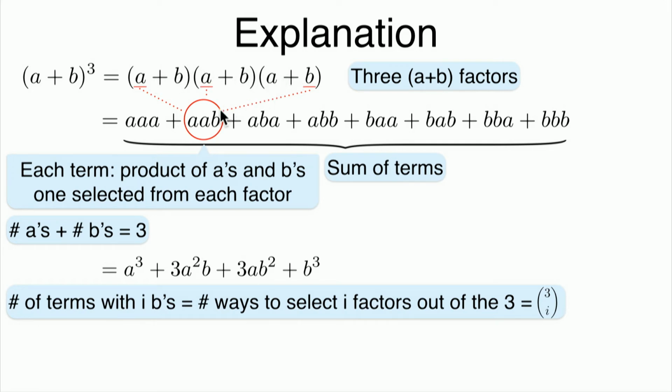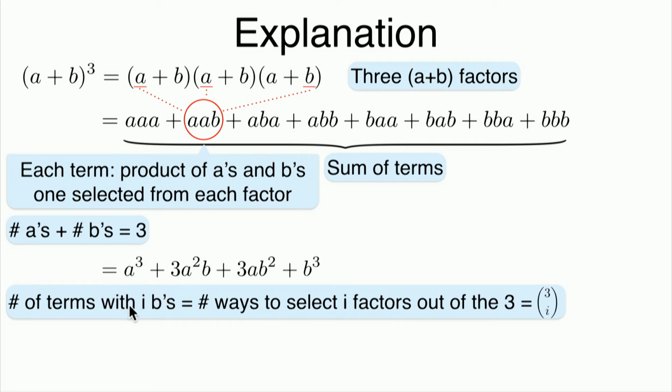And the number of ways of selecting a single b is the number of ways of selecting 1 out of the 3 factors here. And the number of terms that will give you ab squared will be the number of ways of selecting 2 b's out of these 3, so 2 factors out of the 3, and that's going to be 3 choose 2.